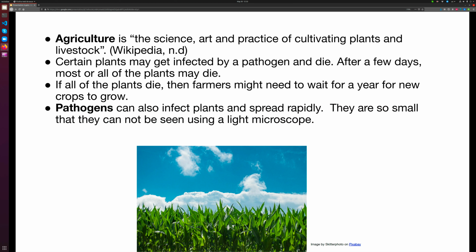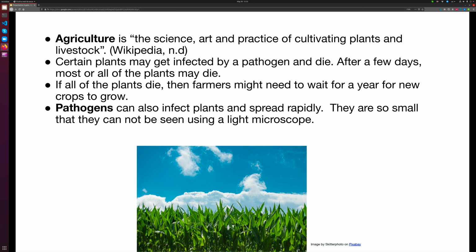Agriculture is the science, art, and practice of cultivating plants and livestock. But certain plants may get infected by a pathogen and die. After a few days, most or all of the plants may die. If all of the plants die, then farmers might need to wait for a year for new crops to grow, or maybe even longer.